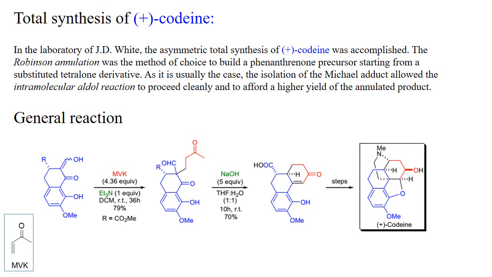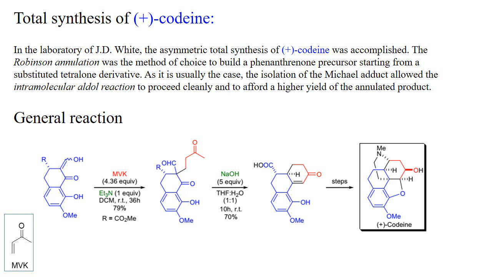The first step of Robinson annulation reaction is the Michael addition. As a result of Michael addition, a 1,5-diketone is formed, and this 1,5-diketone upon reaction with sodium hydroxide shows intramolecular aldol reaction. As a result of intramolecular aldol reaction, a beta hydroxy cyclic ketone is formed.